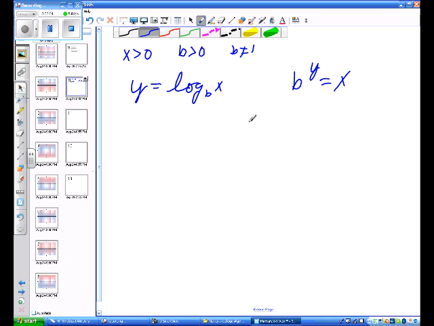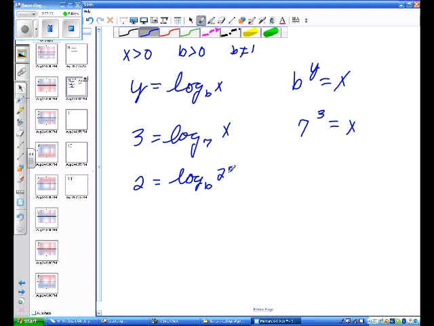So if we had 3 is equal to log base 7 of x, and we want to write that in exponential form, well, our base is 7. A logarithm equals the exponent, so our exponent is 3, so 7 cubed equals x. 2 is equal to log base b of 25.